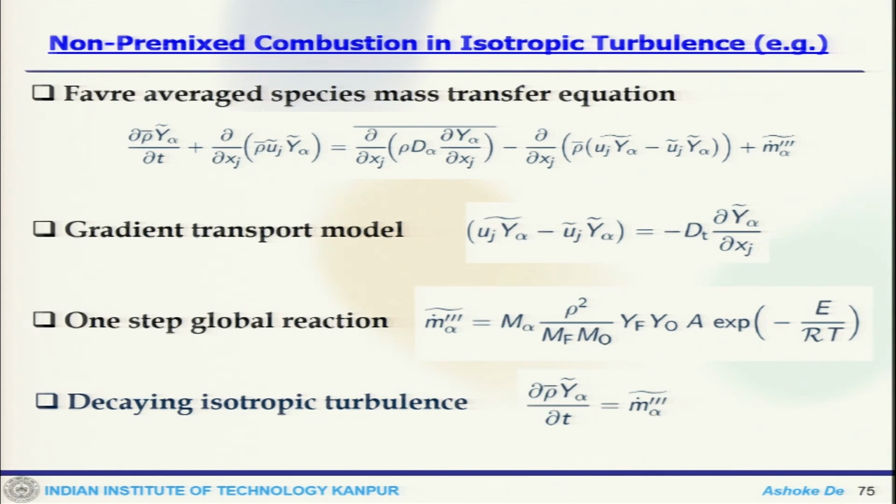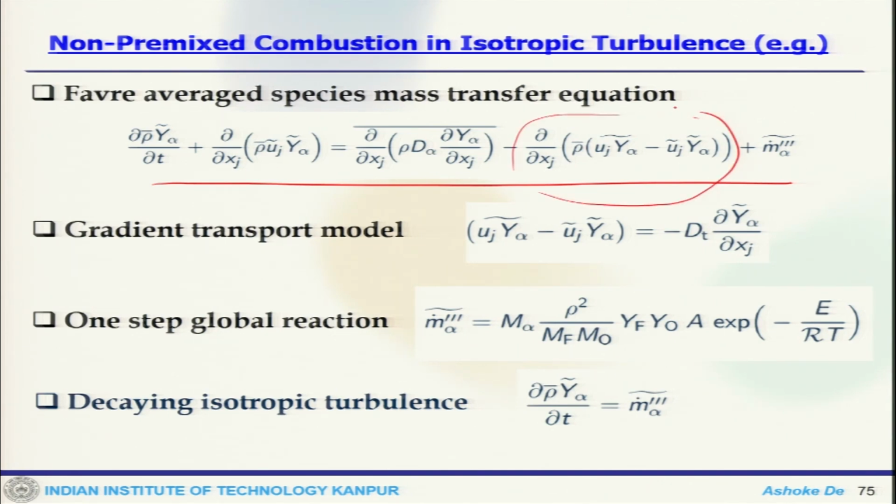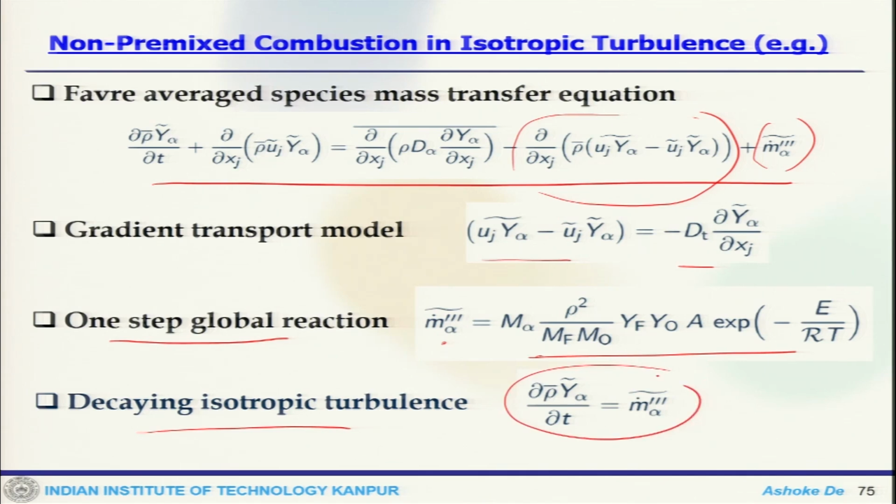This is how your Favre averaged species transport equation looks. This is the unclosed term that one has to close, and this is closed like a gradient transport model. If you use a one step global reaction, this chemical source term can be represented like this, and if it is decaying isotropic turbulence, then you can write like this.